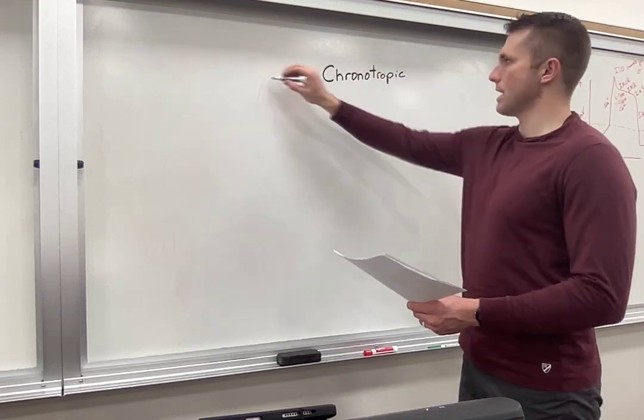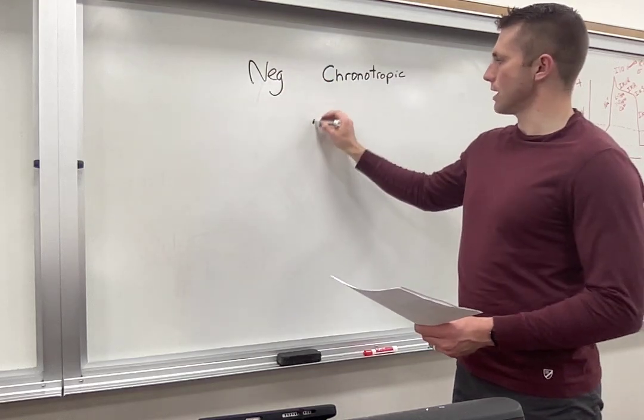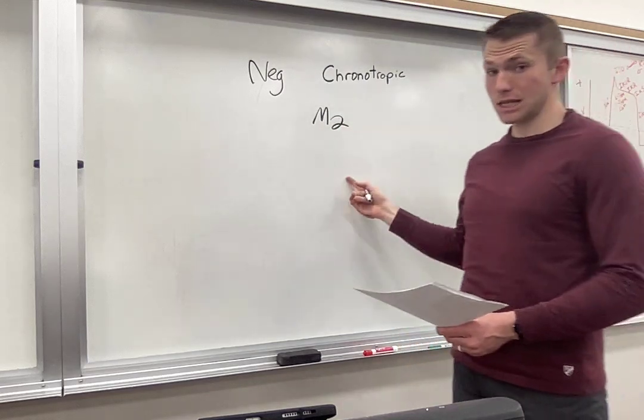But this negative chronotropic effect is regulated by muscarinic type 2 receptors on the SA node cells.